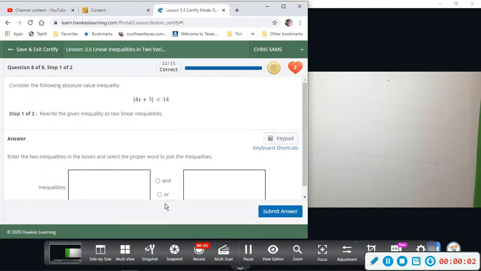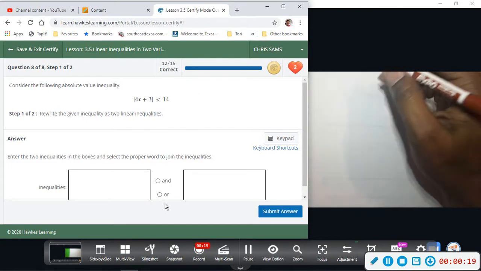All right, number 8. We want to rewrite this given inequality as two linear inequalities, and we want to determine if it's going to be "and" or "or." Here's how you determine that.